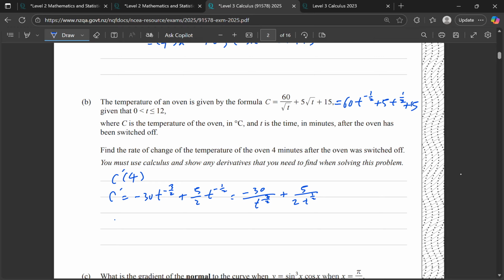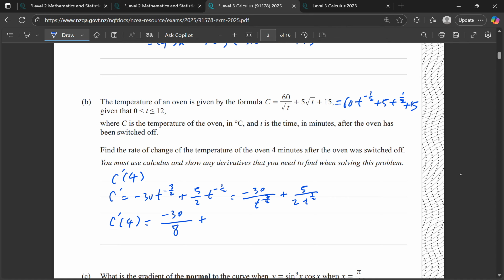All right, and then we plug 4 into it, so minus 30 over... if I plug 4 in, the square root of 4 is 2, right? 2 cubed is 8, so that should be 8.